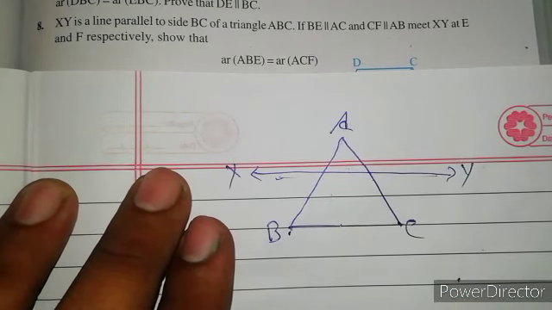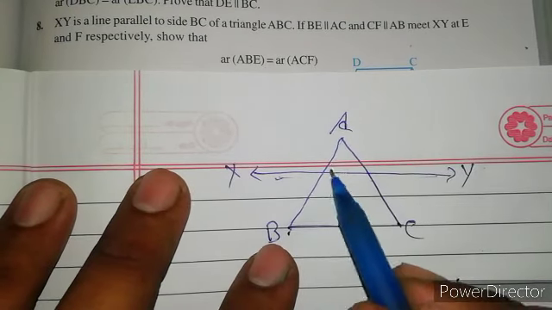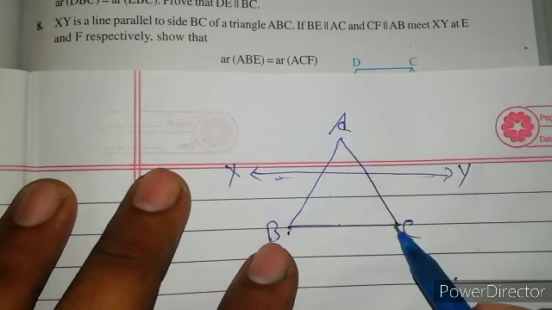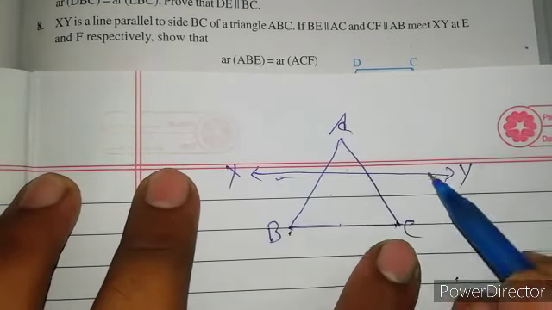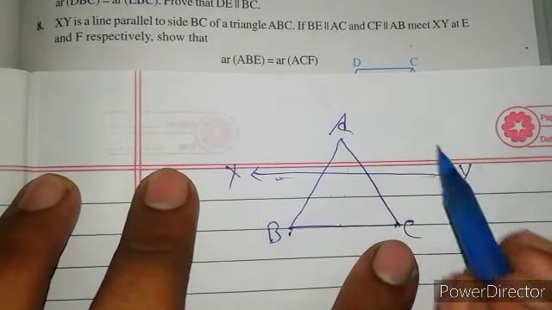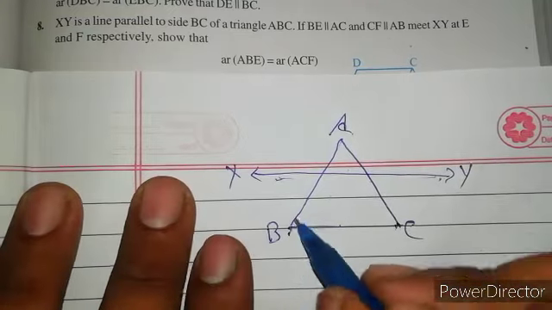Okay, I'm just trying to teach you how to draw the figure from the given information. Now we have to draw a line BE which is parallel to AC and CF which is parallel to AB, and they meet XY.